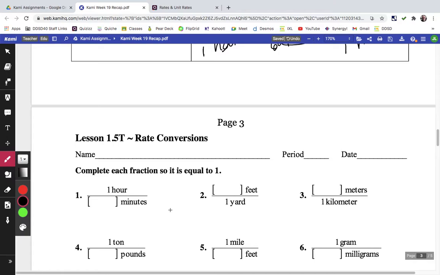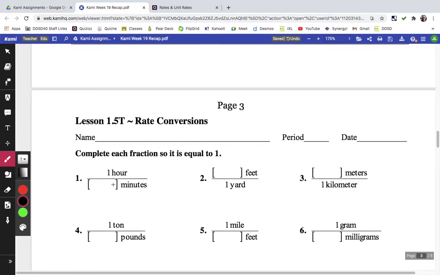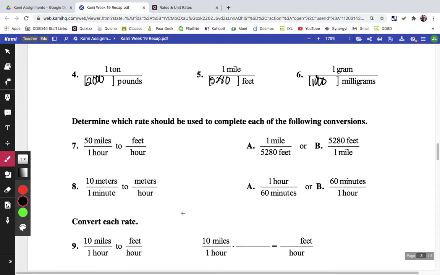So then we just looked at different ones, like 1 hour is 60 minutes, and 3 feet in 1 yard, and 1,000 meters in a kilometer, 2,000 pounds in a ton, 5,280 feet in a mile, and 1,000 milligrams in 1 gram.